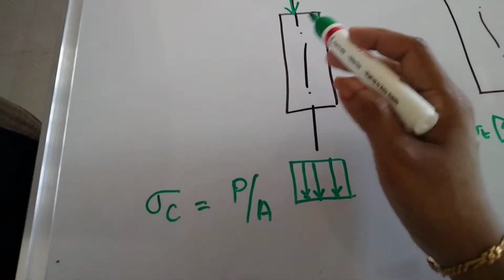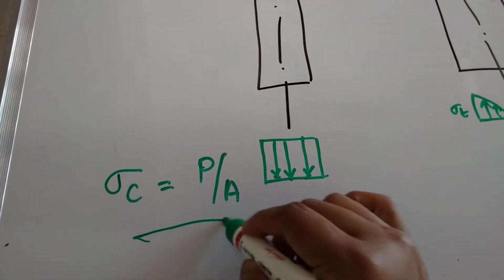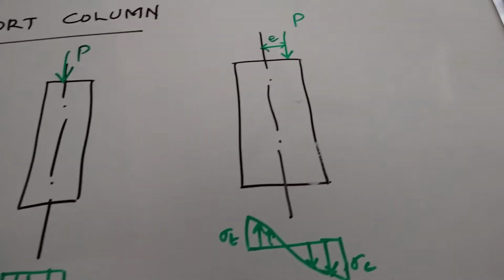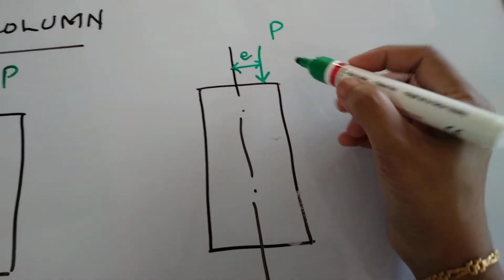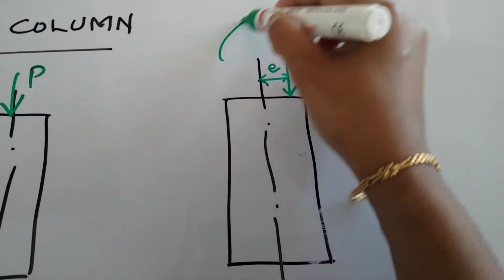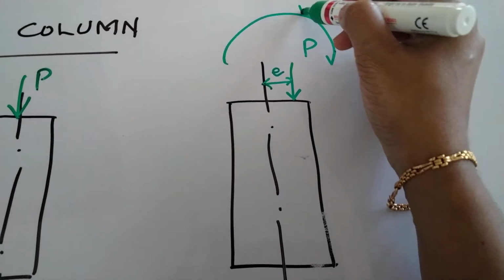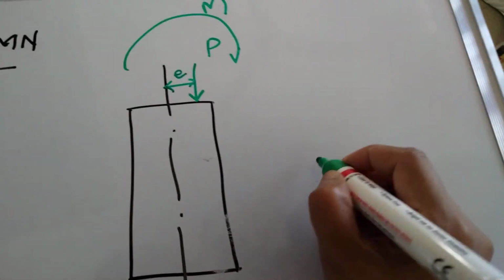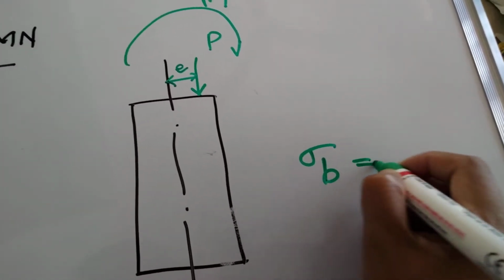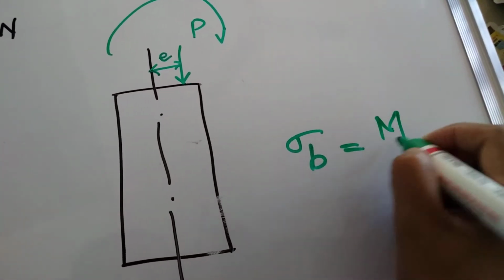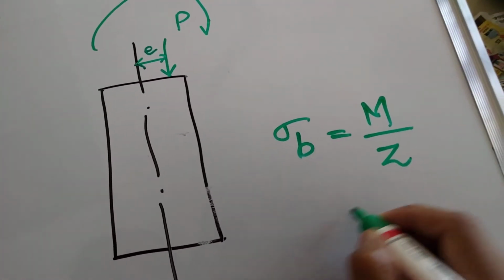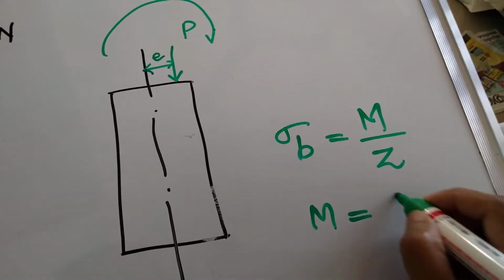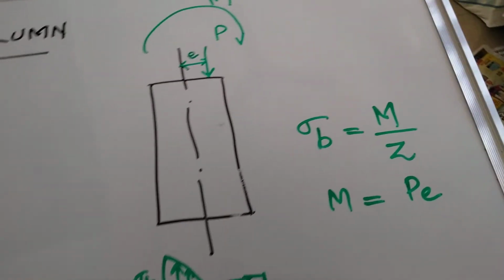So for axial loading, the stress will only be sigma C, compressive stress, equal to P by A. But for eccentric loading, there is an overturning moment due to the eccentric load P. So there will be a bending stress sigma B, given by M by Z, where M is the load into eccentricity, M is equal to PE.